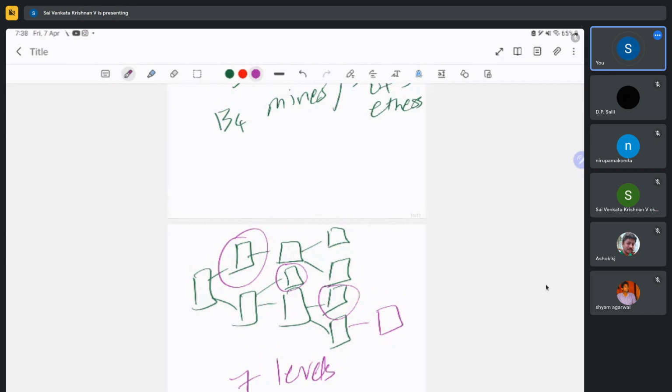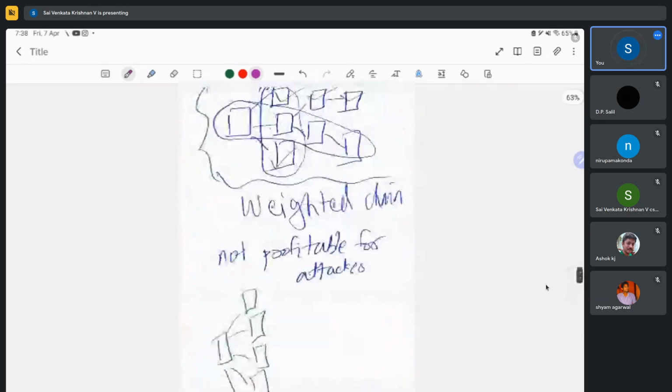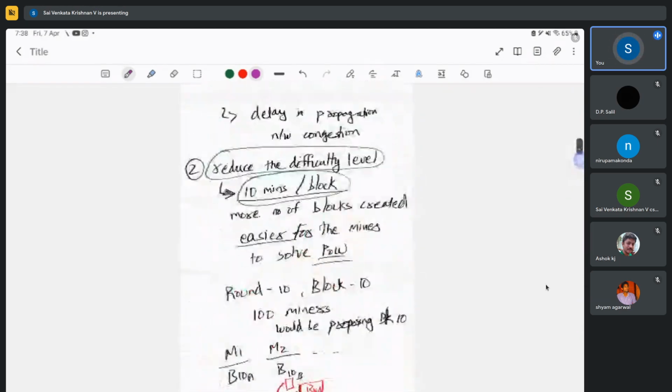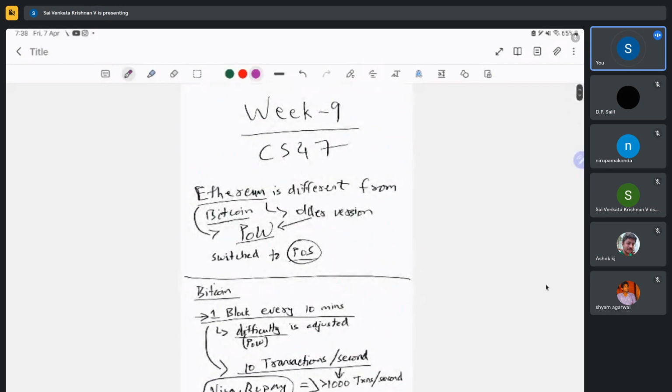So to avoid that, they just consider the transactions in the longest chain alone, and the other blocks which support the longest chain are partially rewarded, but their transactions won't be validated and are not reflected in the blockchain state. So this is how Ethereum's consensus protocol is different from Bitcoin, and it tries to improve the transaction throughput per second.